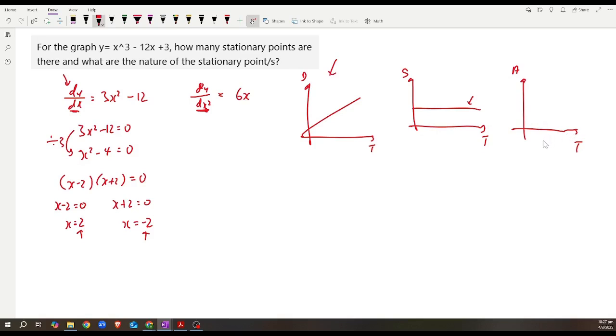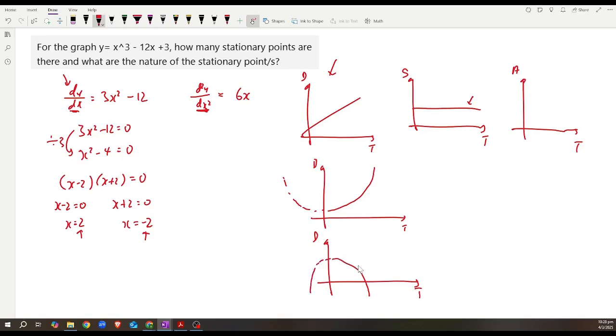So how does the second differential tell us whether it's a maximum or minimum point? Imagine if the distance-time graph was curved going up like that. This would mean that we are accelerating. If the line was curved this way, it must mean that at some point there must be a minimum point. If our distance-time graph instead was shaped like that, that means we are decelerating, slowing down, which implies that there's a maximum point at some point.